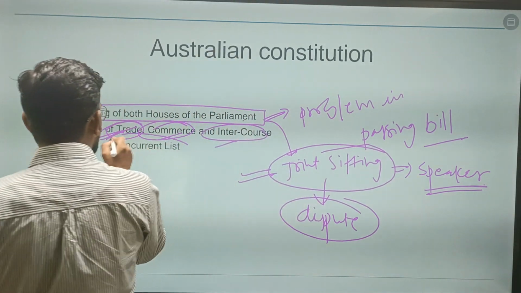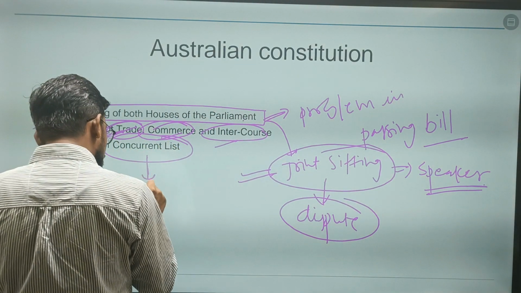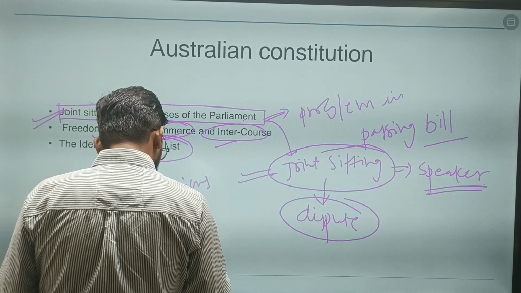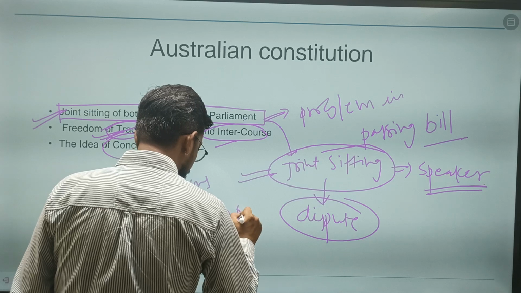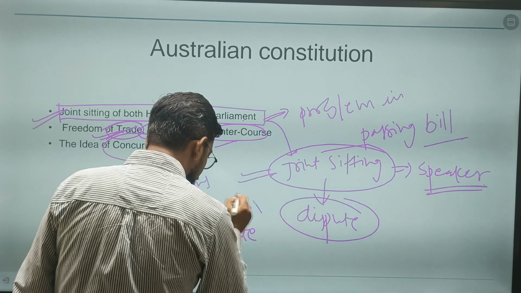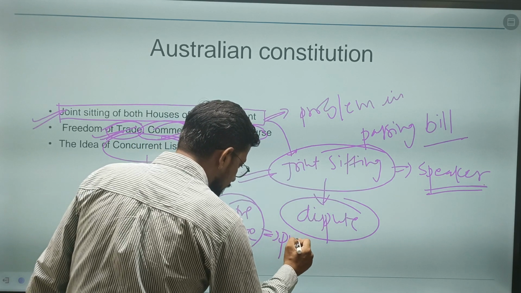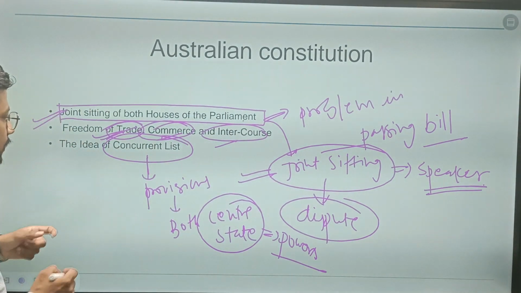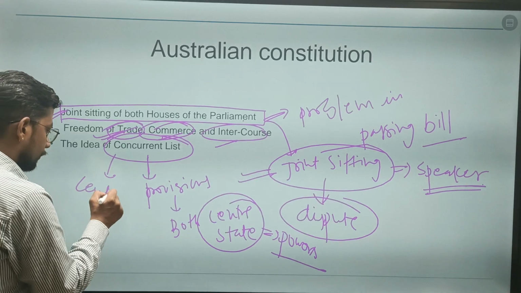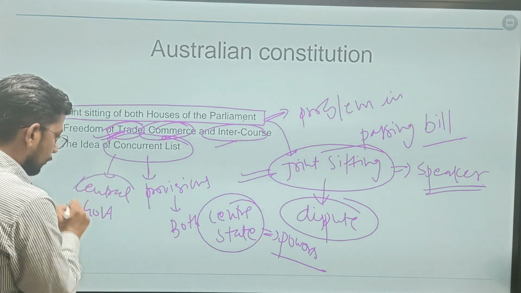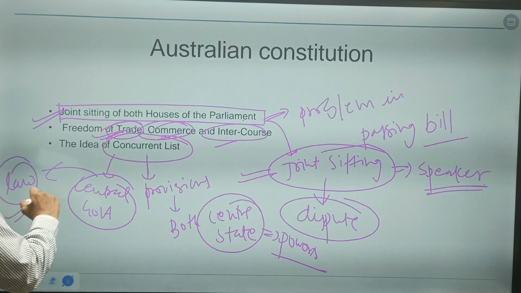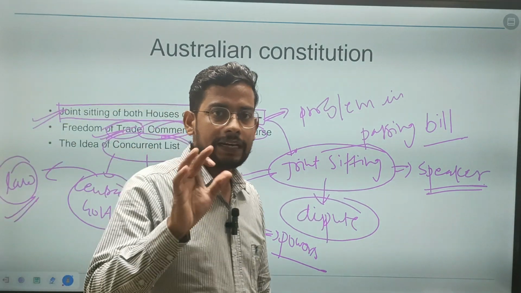Then the idea of the concurrent list. The concurrent list has provisions that are important for both the center and the states. That is why both have powers related to the matters of the concurrent list. But in case the central government makes any law, then the law of the central government will prevail over that issue.